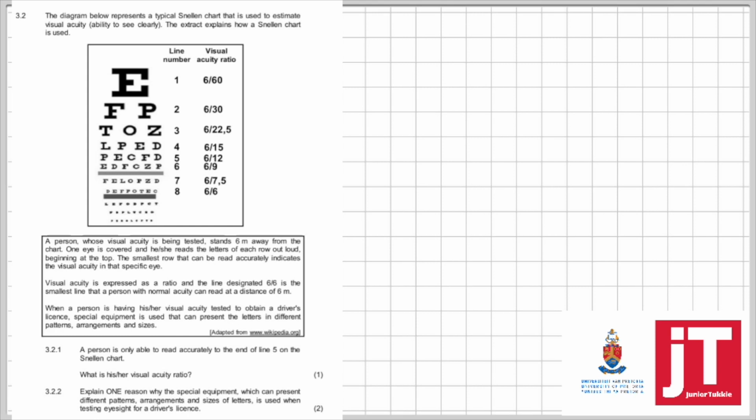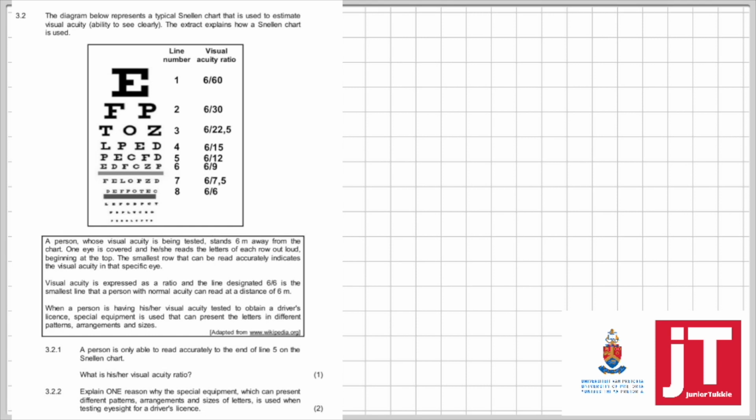The smallest row that can be read accurately indicates the visual acuity in that specific eye. Visual acuity is expressed as a ratio, and the line designated 6/6 is the smallest line that a person with normal acuity can read at a distance of 6 meters. When a person is having his or her visual acuity tested to obtain a driver's license, special equipment is used that can present the letters in different patterns, arrangements, and sizes.